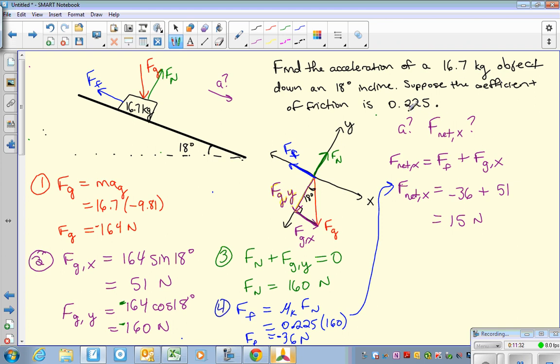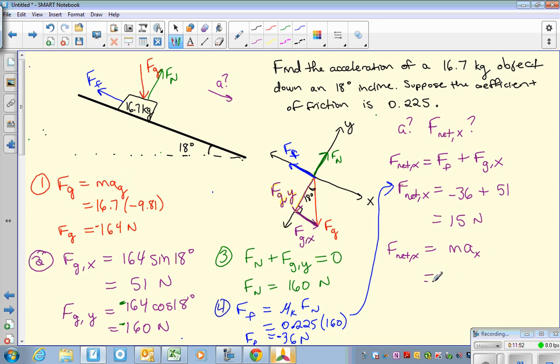So in order to get acceleration, we get to use our force equals mass times acceleration. And if I really want to be picky, I can label this acceleration in the x direction to be separate from acceleration due to gravity.